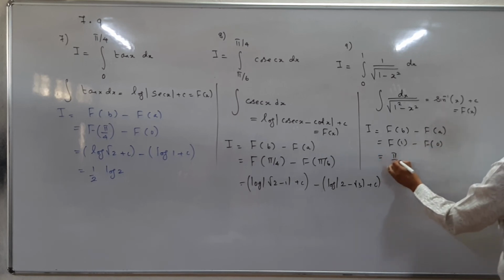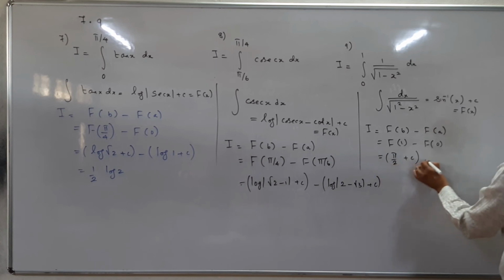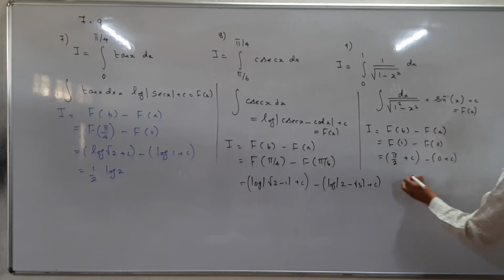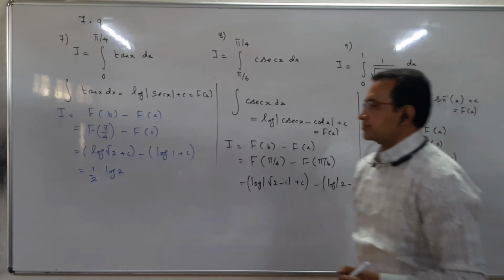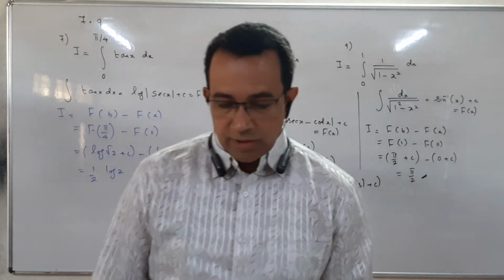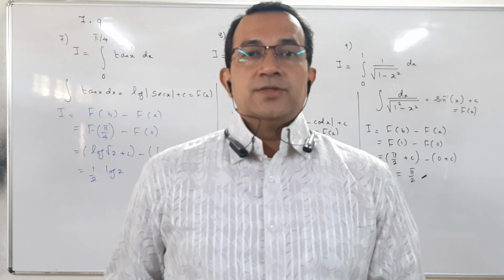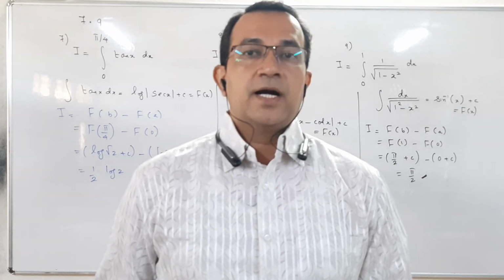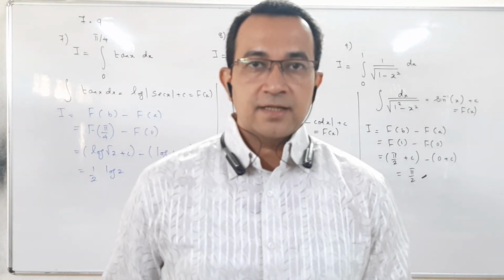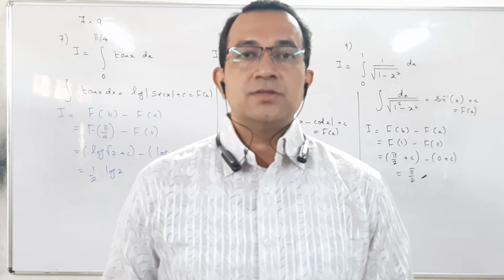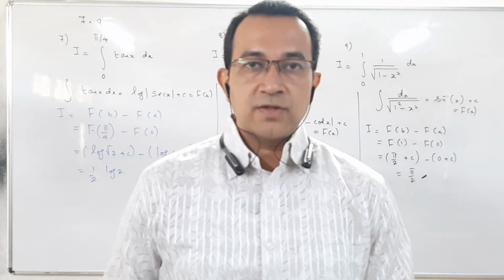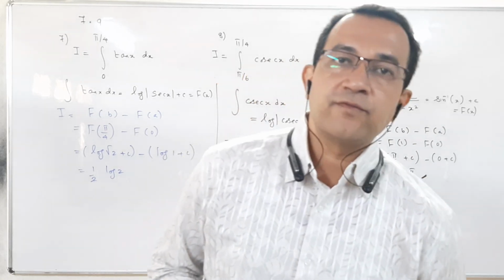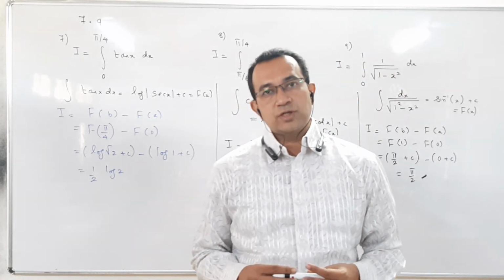Sine inverse 1 is pi by 2 plus c. Sine inverse 0 is 0. So the answer is pi by 2. So students, these concepts are fundamental based on the two most important fundamental theorems of integral calculus, students.